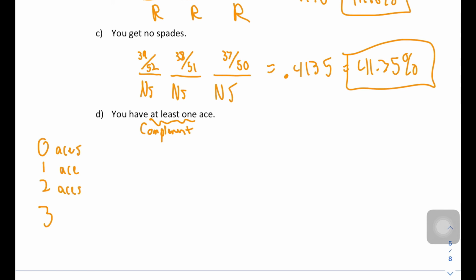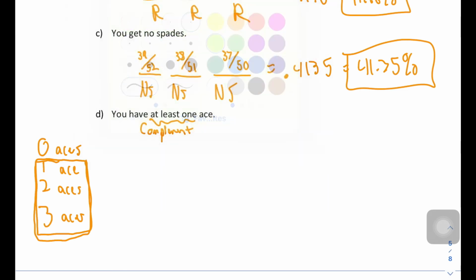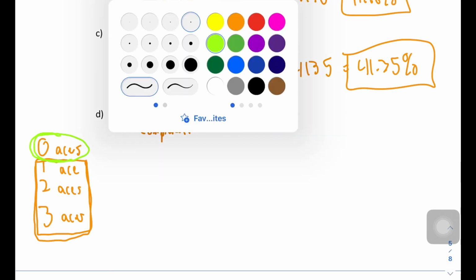You could have 2 ace, 3 aces. And we want the probability that we have at least 1, right? So we're looking for this. We want the probability that we get 1 or 2 or 3. But that's difficult. Let's just figure out this probability and subtract it from 1.